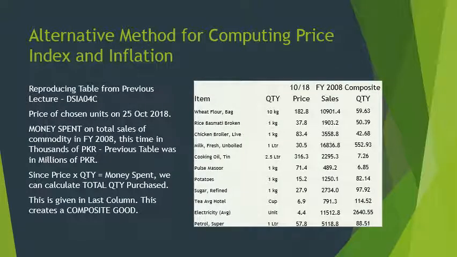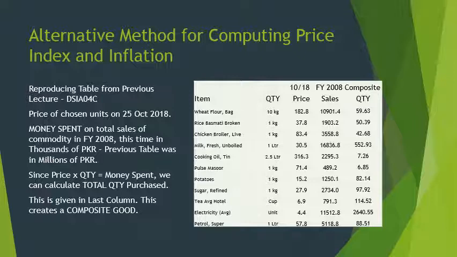This table reproduces a table from the previous lecture. Here we have the unit quantities of each of these 11 commodities. Then we have the prices, and the third column gives the sales. The sales were given in millions of rupees. Here we have given the sales in thousands of rupees.